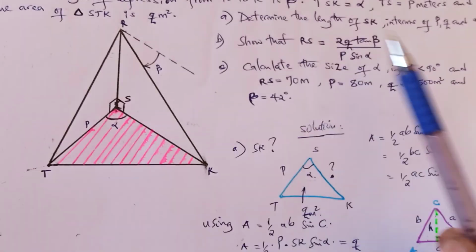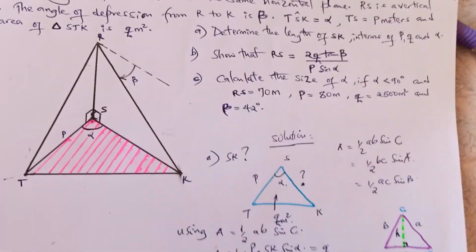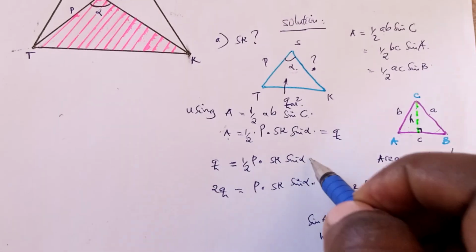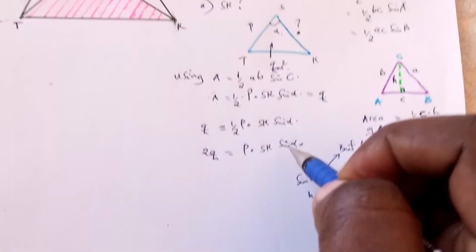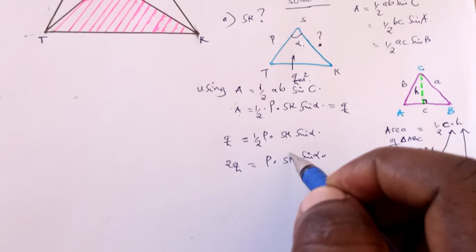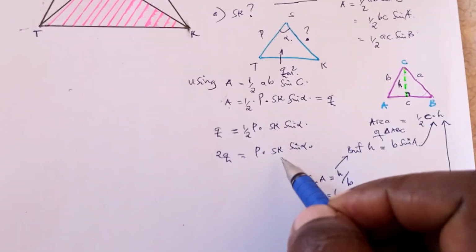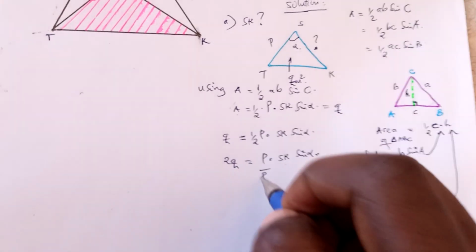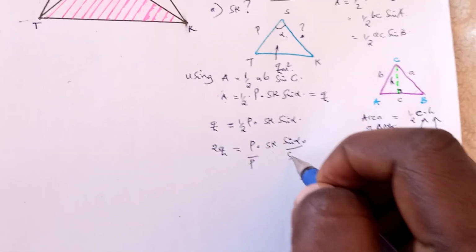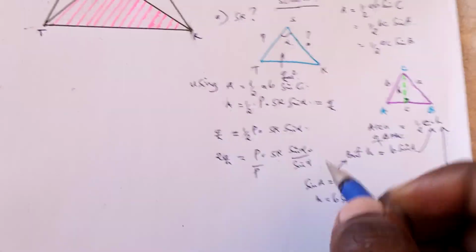But if you don't want to bolden, you can as well put a bar on top to be the same thing, to be showing distance or length. So we want SK, don't forget that. So how do we get that? We divide by P and also by sine alpha, both sides.